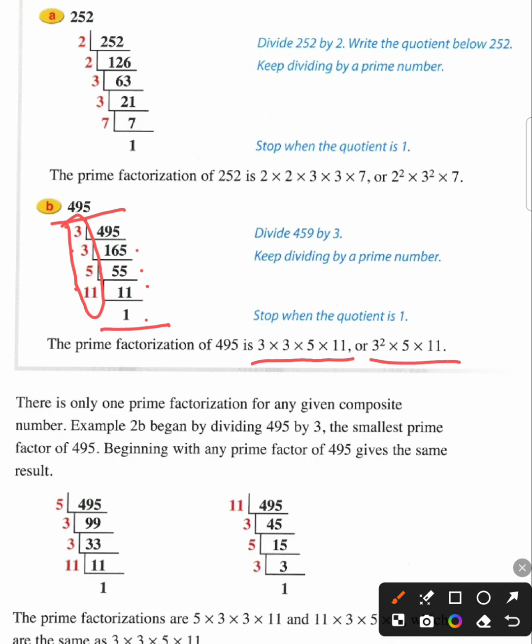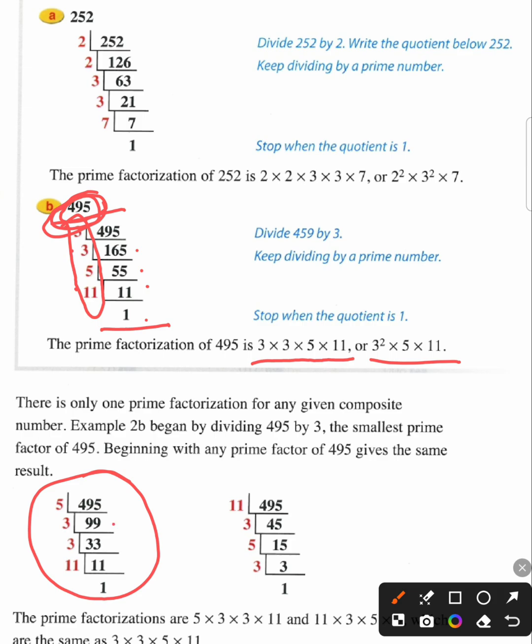So remember, there is only one prime factorization for any composite number. It means if we begin, for example, with 5, as you can see here, since the place of ones in 495 is 5, it is divisible by 5, so we can start with 495 divided by 5.